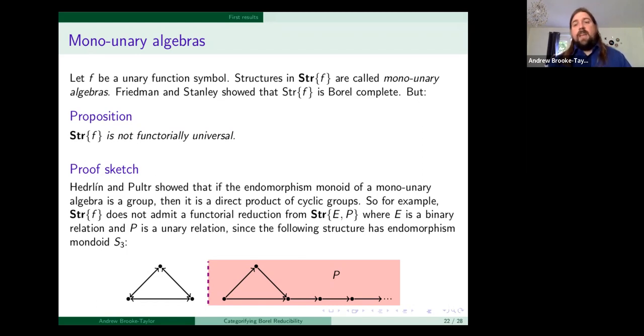Irrespective of that, I hope I've convinced you that with the use of Borel reducibility for classification problems, this is worth looking into.